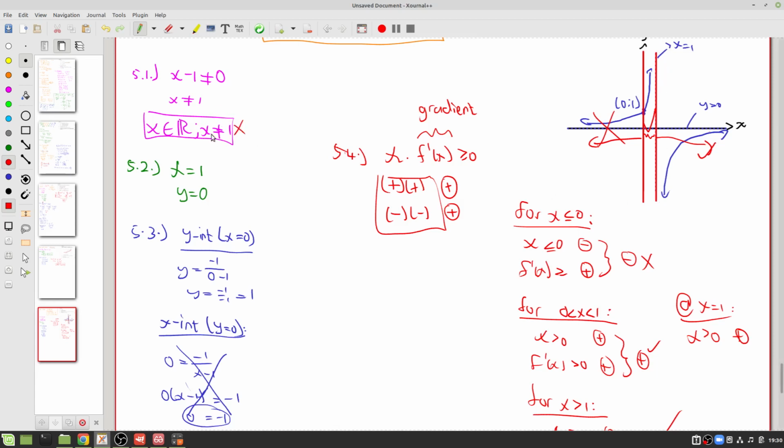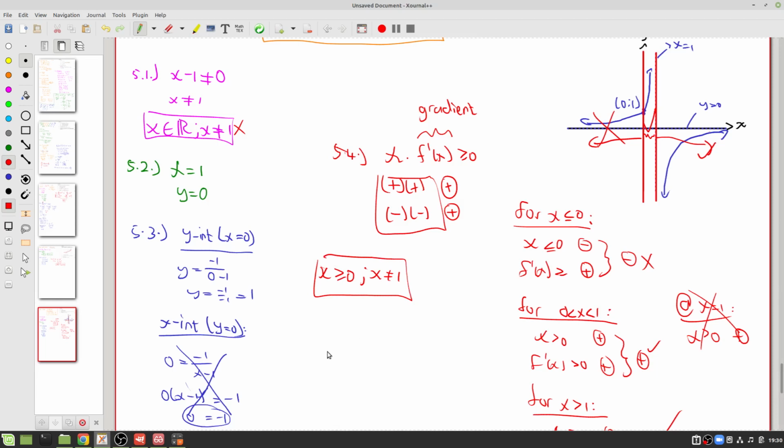The graph does not exist when x is 1, so it doesn't have a gradient. So this we can ignore. That is not part of our solution. So it's x bigger than 0 all the way this side except at 1. So our final answer would be x is greater or equal to 0, but x is not 1. So 1 doesn't count.